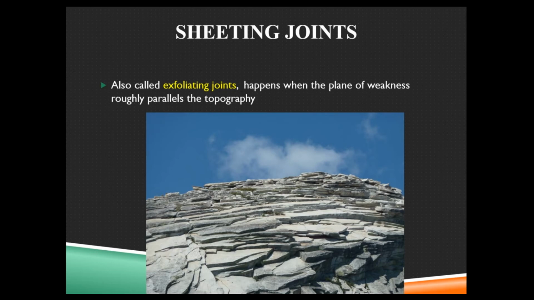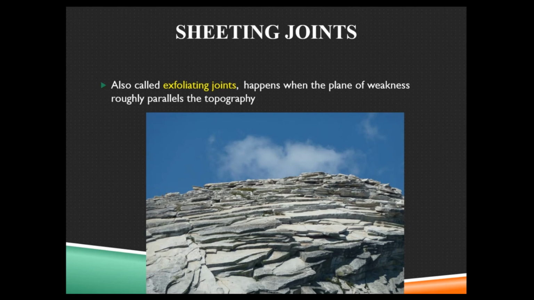The sheets of rock break off. Sometimes they slide away, sometimes they just kind of pile up. But either way, you get this kind of exfoliation, this layered effect, this scaling almost.